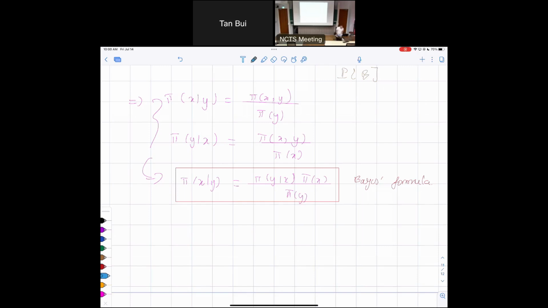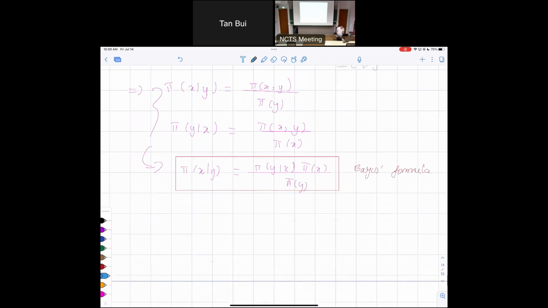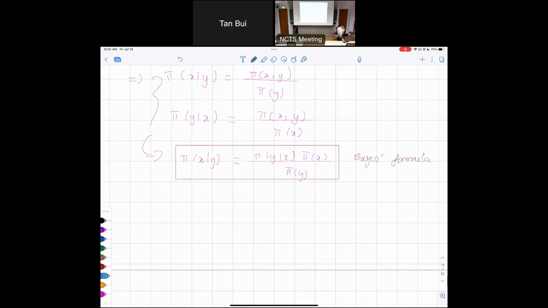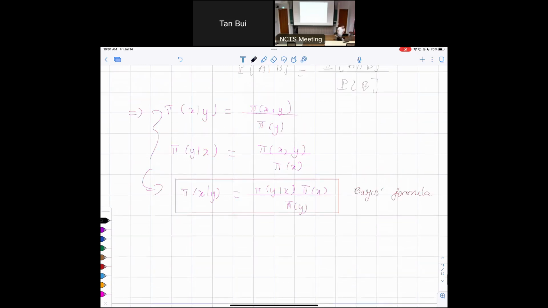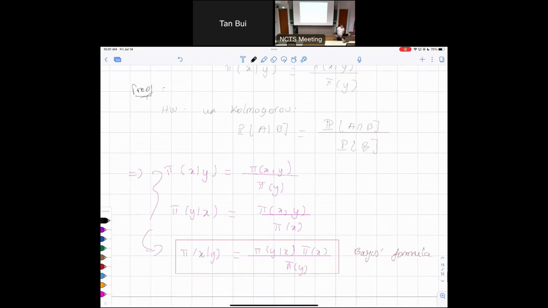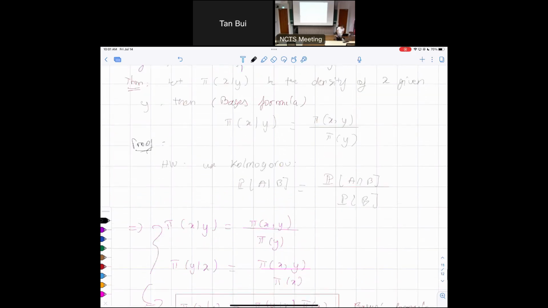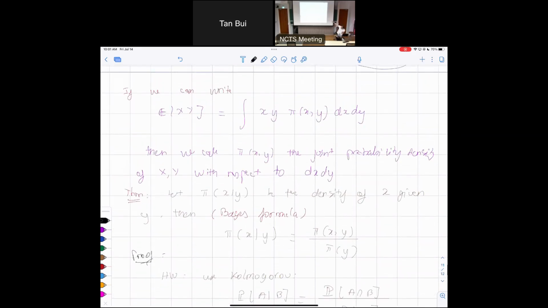Okay, so let us restart. We pretty much have what we want, but I'd like to have one more thing. When we introduce the conditional density, we can write the expectation in one more different form.